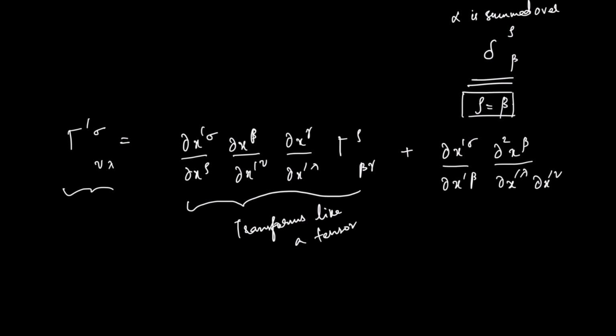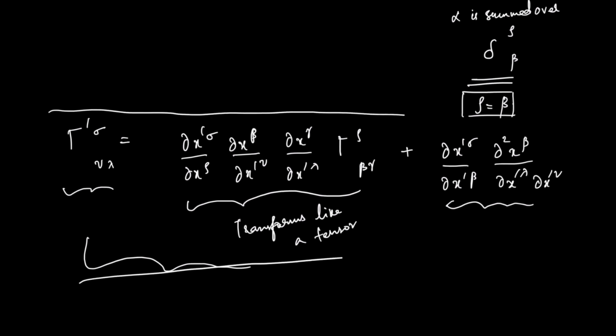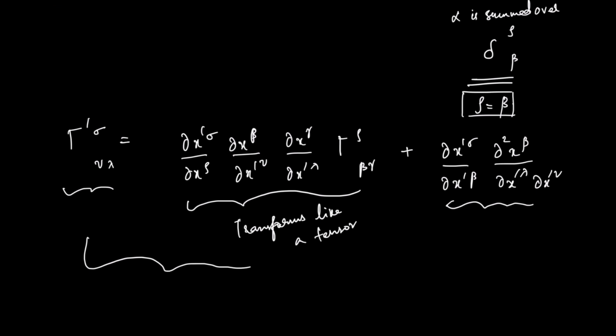Now this is transforming like a tensor, but the second term, the second derivative, is present in the second term, and this will make the entire thing not transform like a tensor. So the second term actually spoils the tensor nature.